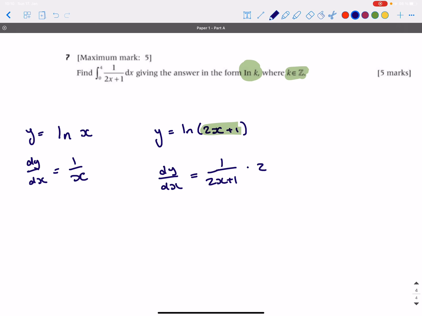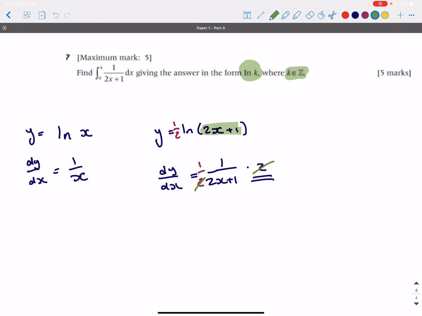So what I'm going to need to do is divide through by 2 to get rid of this factor of 2, which is making it 2 times too big. Because if I had an extra half in front, then I'd have an extra half here in front, and then that would mean I could cancel out that 2 and get the derivative that I wanted.